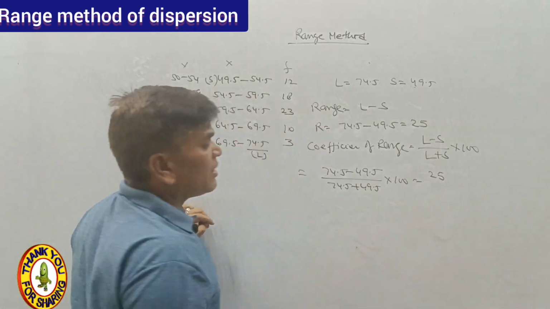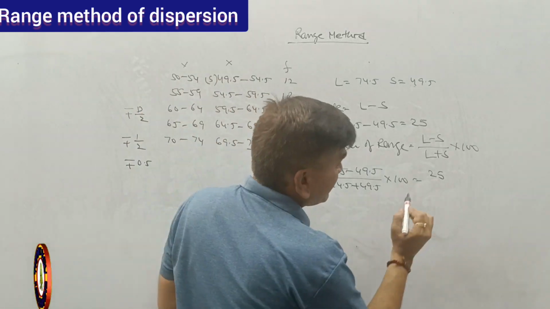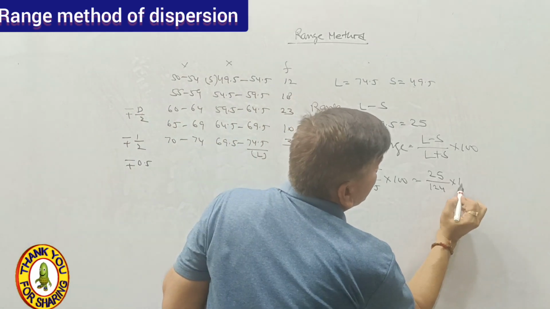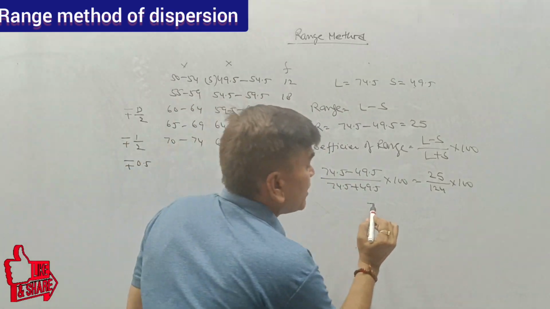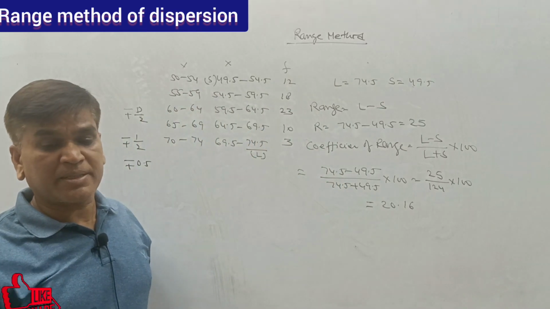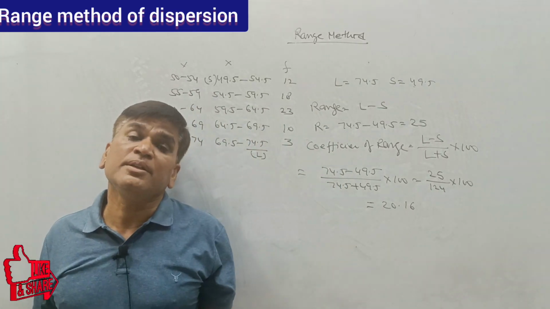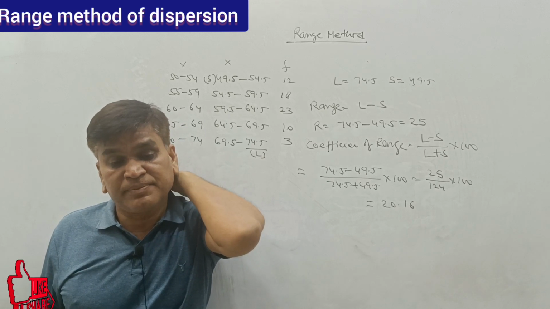That is 25 upon 124 multiplied by 100, so the calculation gives 20.16. So the coefficient of range is 20.16. Okay, these are the methods of calculating the range.